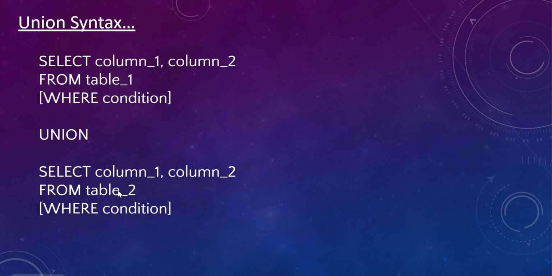So when you combine these two tables using union, you will get supplier as the name of the column. However, you can also put an alias, like select column 1 as whatever name you want to give. That final name will come in the output, and an alias in the second select statement will not have any impact on the final result. So whatever name you give in the first select is what will be included, in case there are different column names.